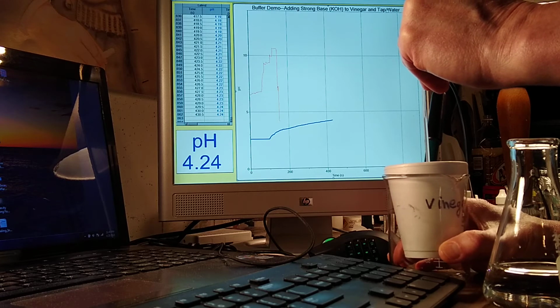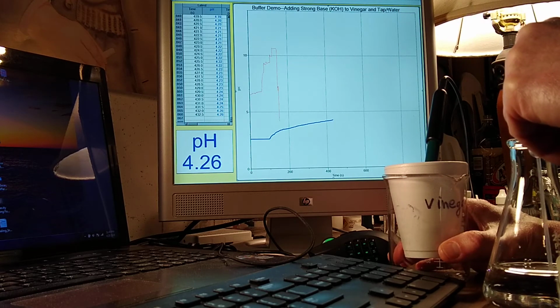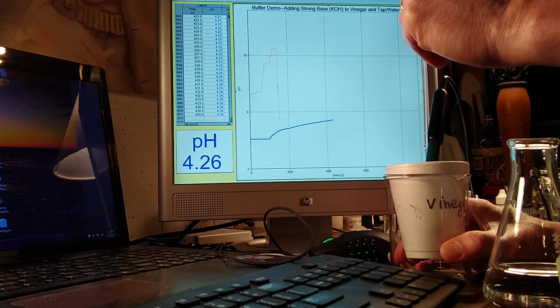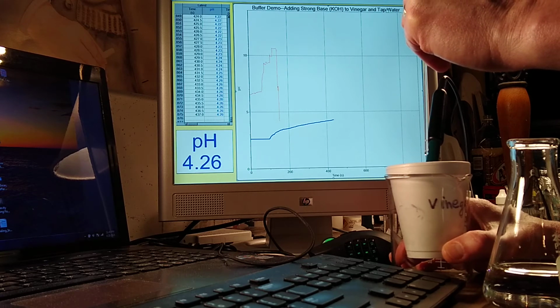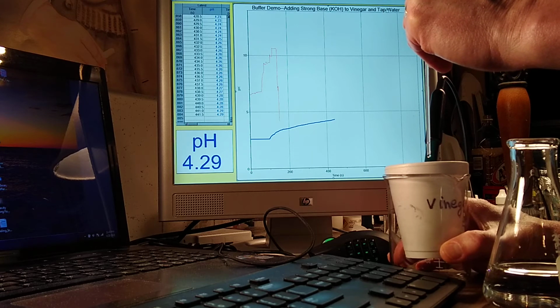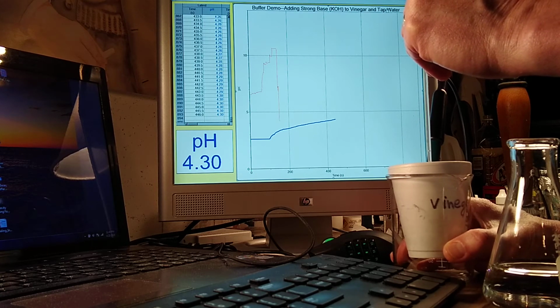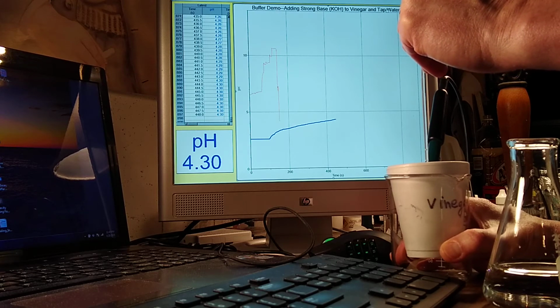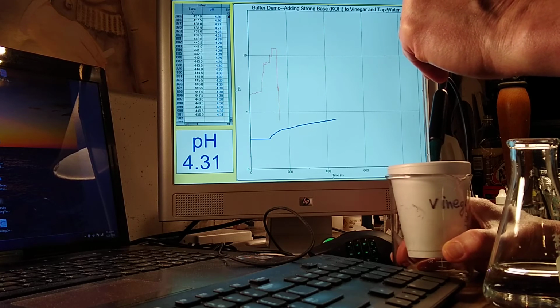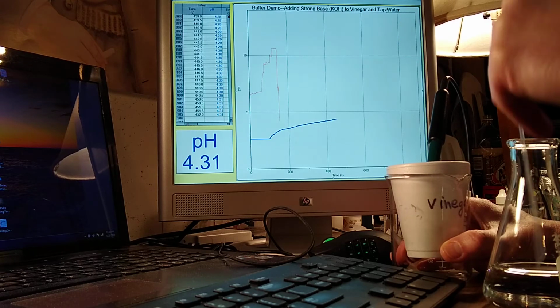So let me pick up the pace here and see if we can get through the equivalence point in this video. If it's taking too long, I'll stop the video, finish the curve, and then start up the camera again and show you what I got. So I'm just going to continue to add base to this.